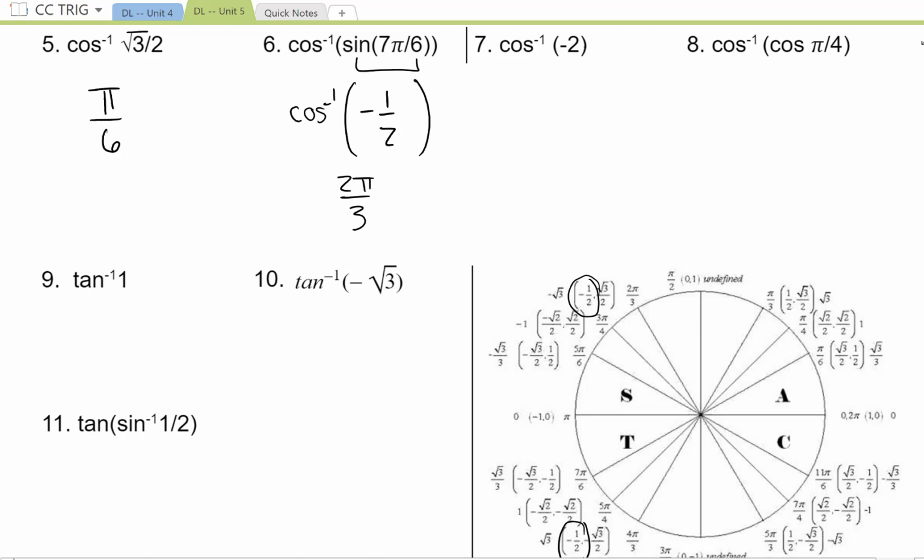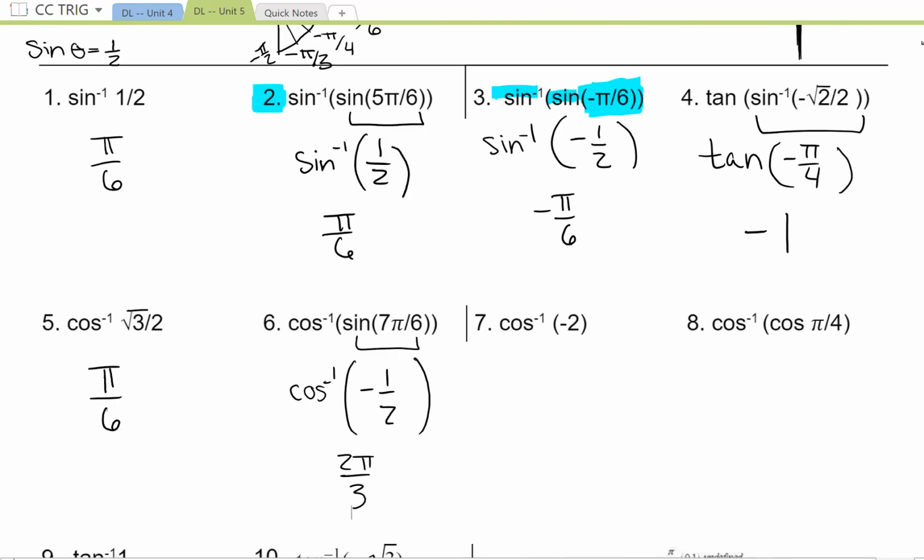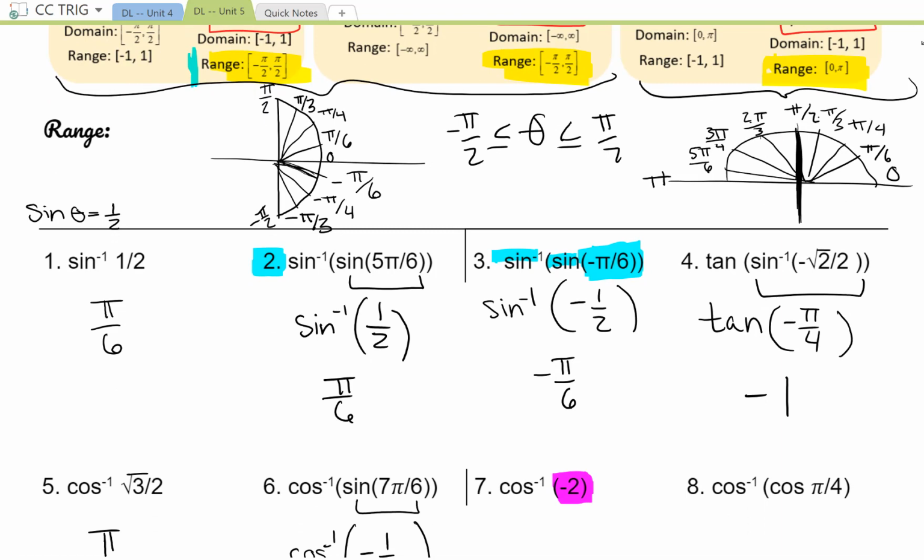Cosine inverse of -2. -2? I don't see that on my unit circle. -2 right here is an input for my inverse cosine. Okay, domain is what corresponds with the inputs. Is it allowed for me to even input -2 into the cosine inverse function?